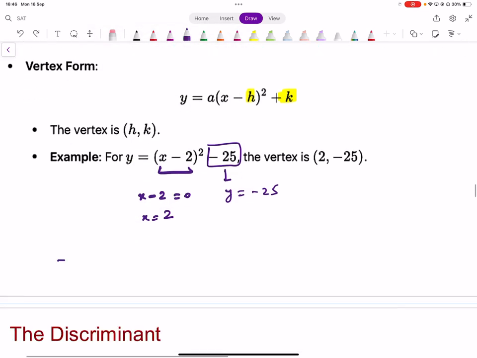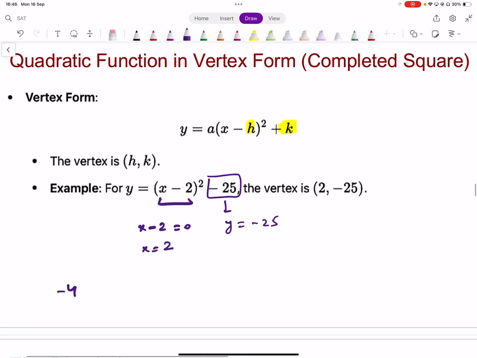Let's say you have minus 4 into x plus 3 whole squared minus 14. What's the turning point? What will it be?